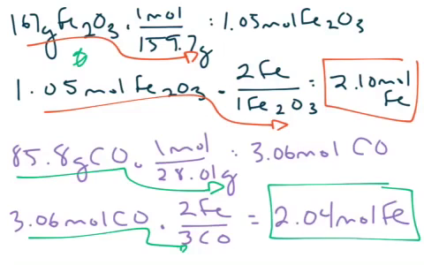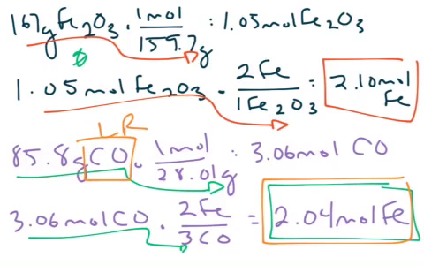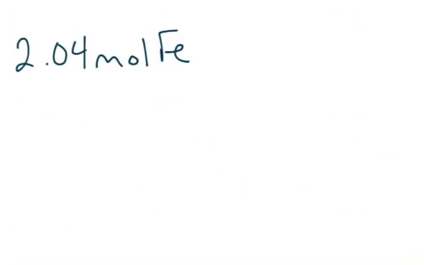So what that means is the maximum value of iron that we can actually produce is 2.04. Carbon monoxide is our limiting reagent, and iron oxide is what we would call the excess reagent. So our reaction is limited by the amount of carbon monoxide, and it's going to stop producing iron at 2.04 moles.